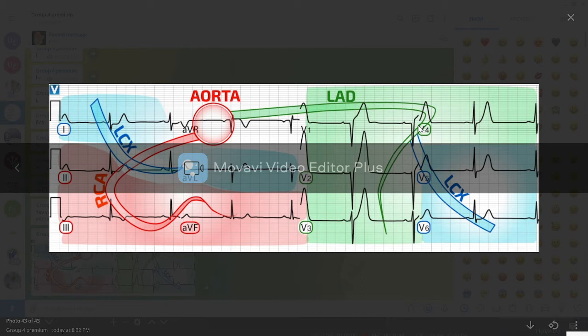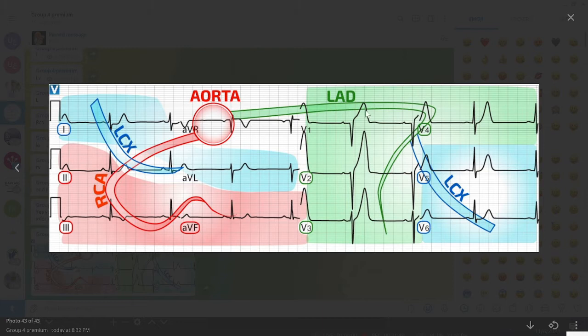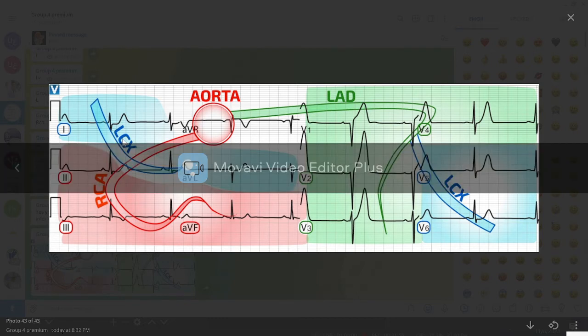To make it more interesting, guys, the left circumflex comes out from the LAD. So if the infarction is proximal to this, you will also have an ST segment elevation in V5, 6, lead 1, and aVL. Let's imagine that someone had the occlusion here, distal to the left circumflex.